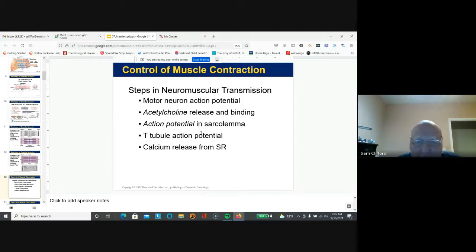An action potential starts in the sarcolemma. It leads to action potentials in the T-tubules. And when the T-tubules have an electrical signal moving in their lumen, calcium is released into the sarcoplasmic reticulum.